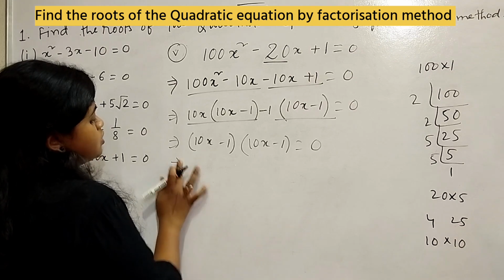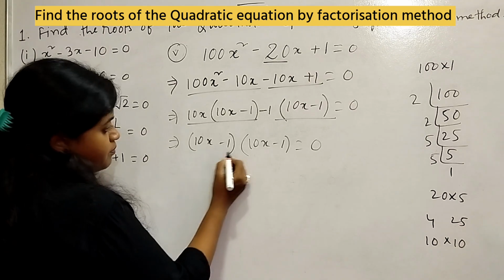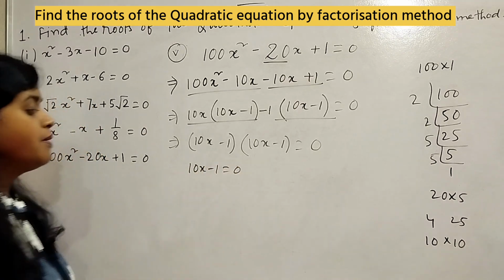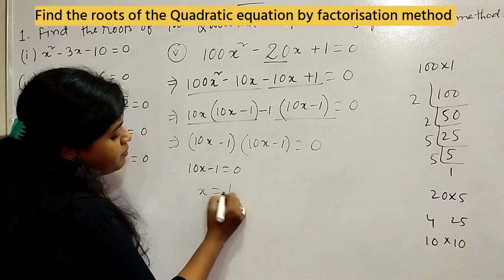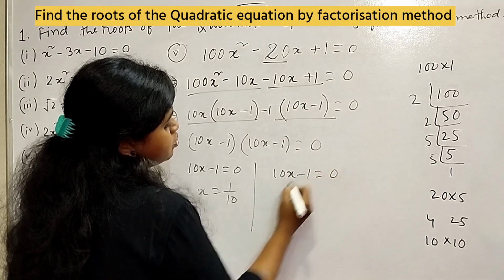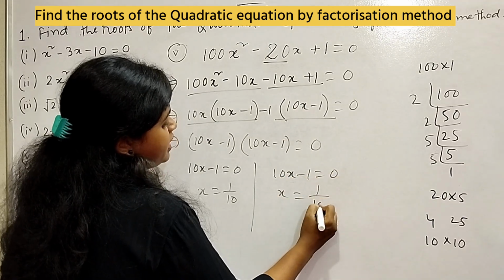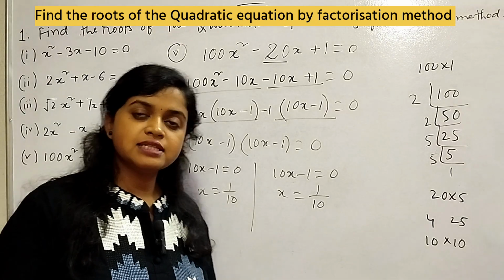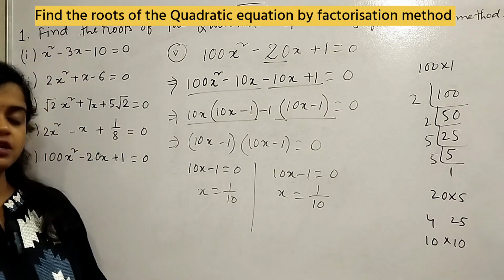Now we have to find the roots of the equation from these two factors. 10x minus 1 equals to 0 means x equals to 1 by 10, and from the other factor also x equals to 1 by 10. So 1 by 10 and 1 by 10 are the roots of this quadratic equation.